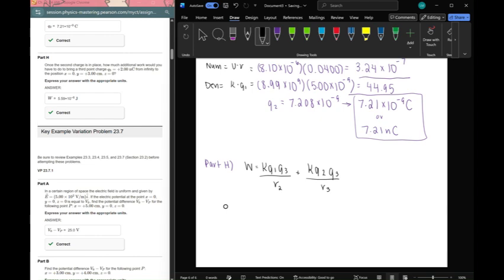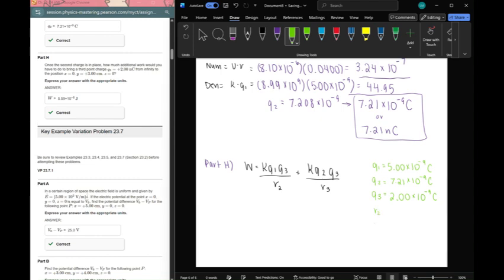I'm just going to write down all the givens so it's easier to work with in the equation. This is the nanocoulomb converted to coulombs for the first point charge. Now this is the second point charge and the third point charge. 7.21, we found that in the last part, coulombs, and 2.00 times 10 to the negative 9 coulomb, which we just found out in this part.